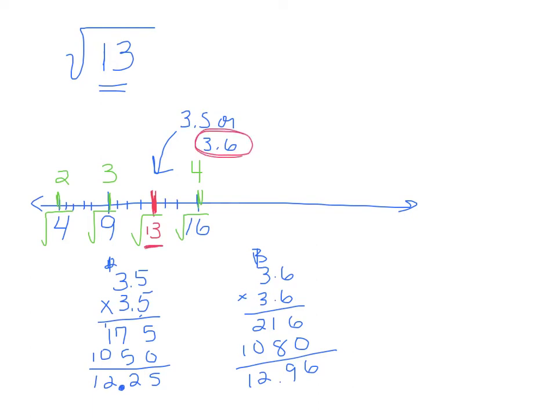So therefore, I would say 3.6 is probably going to be my closest. I could try 3.7 as well, but it's probably going to be farther away from 13. So this is basically how I go about estimating what the value of a square root is when the number underneath the square root is not a perfect square.